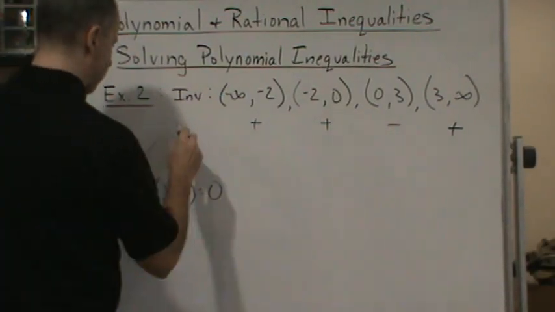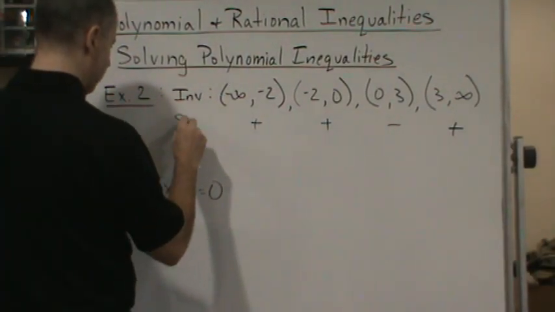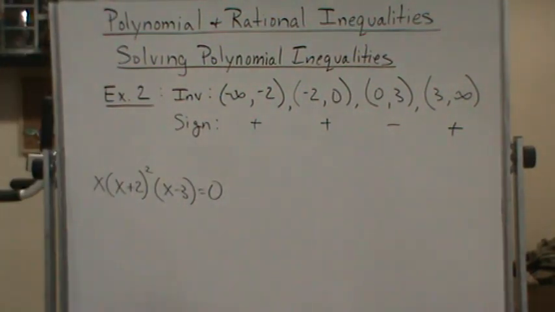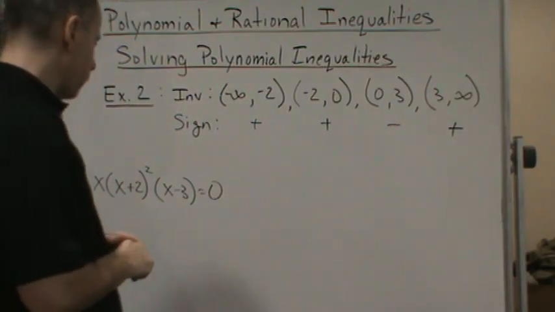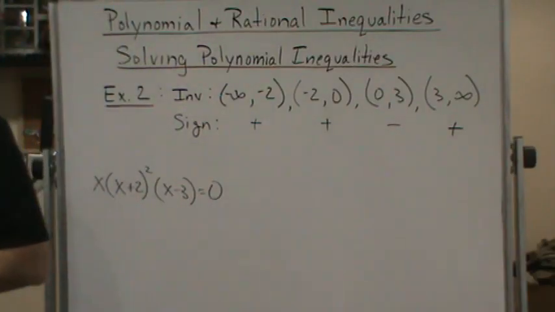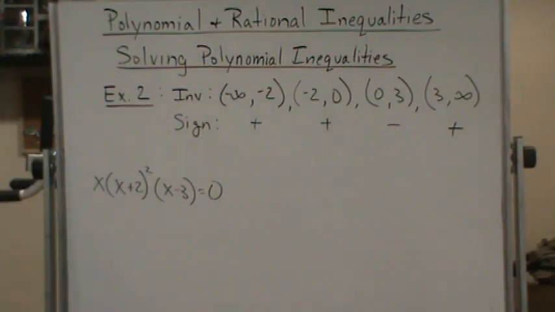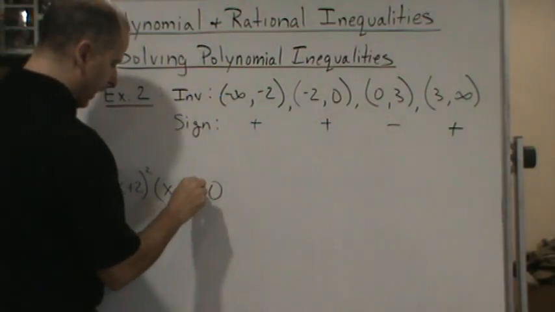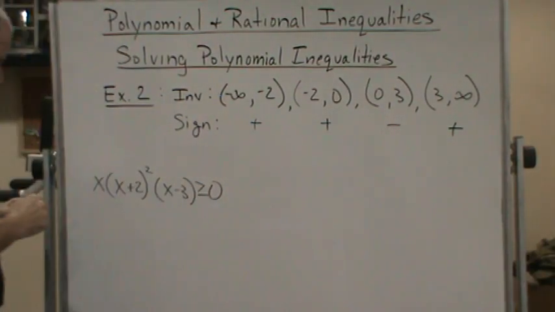Okay, so I'm going to put the signs. So we got the signs. Now we test the endpoints, right? That's where the inequality comes back. So what's the inequality in this case? The inequality was greater than or equal to.